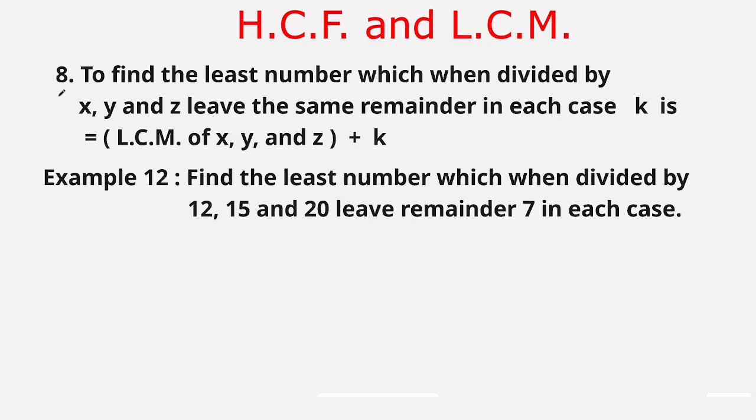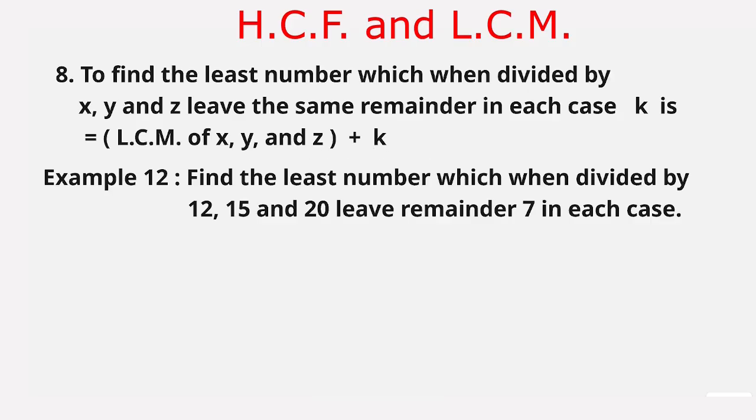The next point is point number 8. To find the least number which when divided by x, y and z leaves the same remainder k in each case, the answer is LCM of x, y and z plus k.